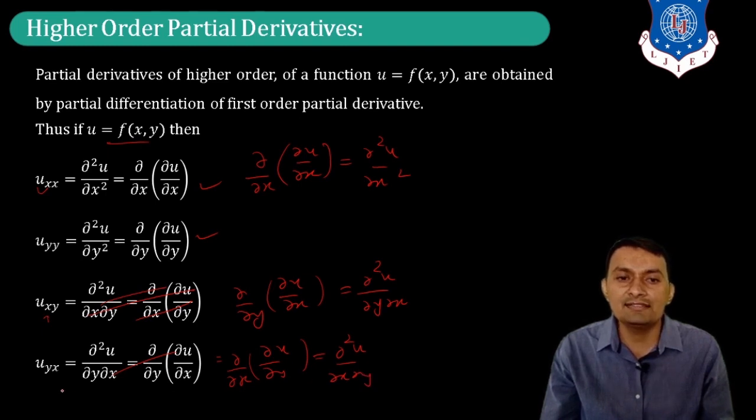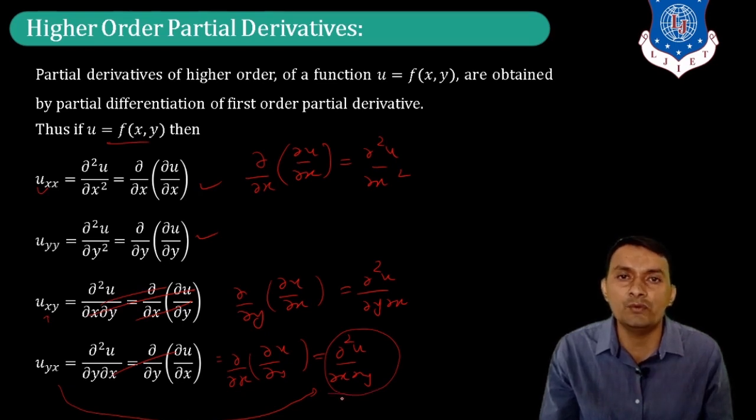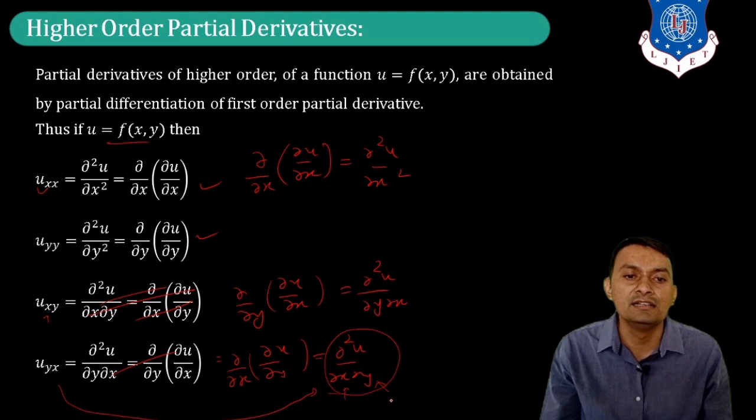So we will see the order. This is the first derivative with respect to y, later on x. But whenever we look at the other notation, this is the first derivative with respect to which one? We will follow from the right hand side. We will always keep in mind that this is our first and this is our second. So x is first and y is second.